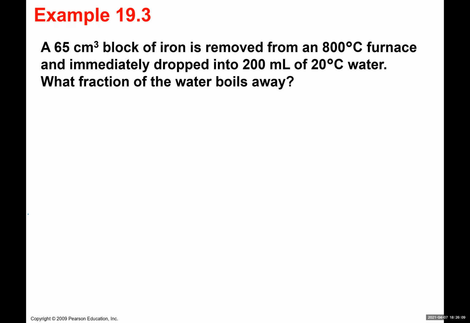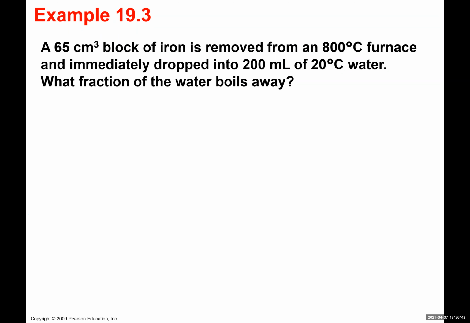In this example, we can again assume this is an isolated system. You have one object with an initial temperature of 800 degrees Celsius, dropped into another object, which is a container with 200 milliliters of 20 degrees Celsius water. Some of the water will then boil away.